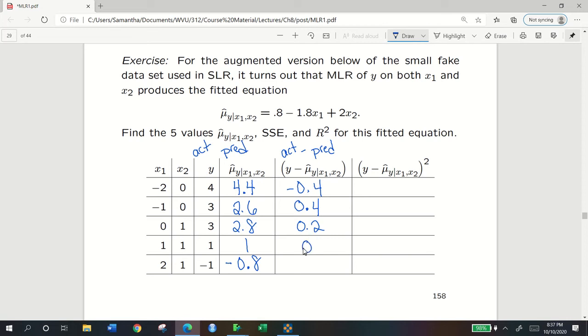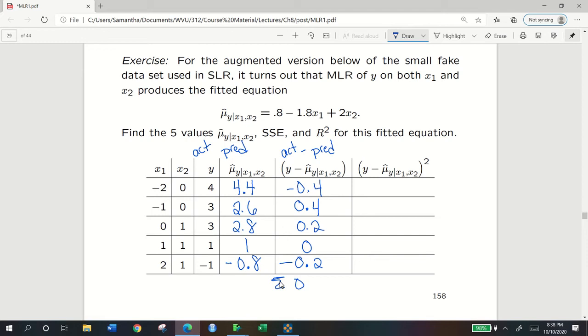And negative 1 minus negative 0.8 is negative 0.2. Notice if we add up this column, we get 0. If we have done things correctly, this column should be approximately 0. The only reason it wouldn't be 0 is if you had to do some rounding.